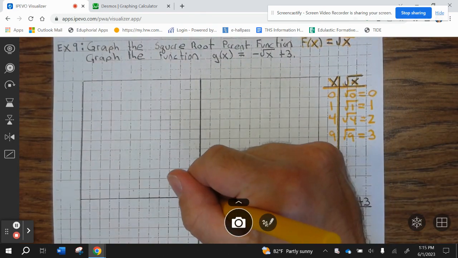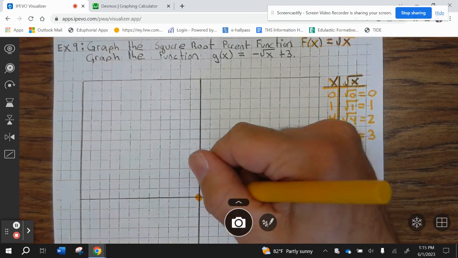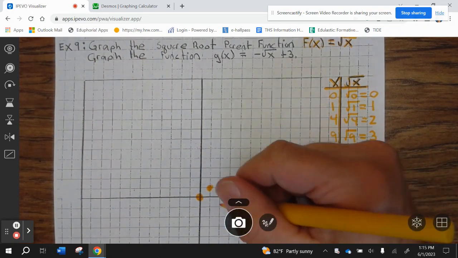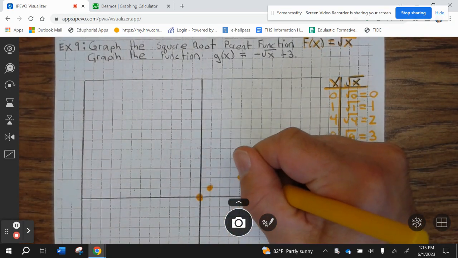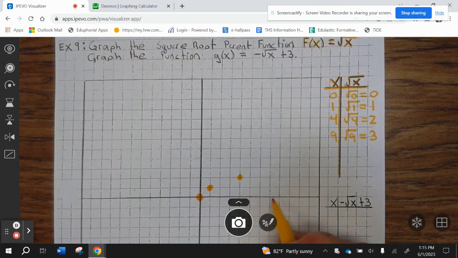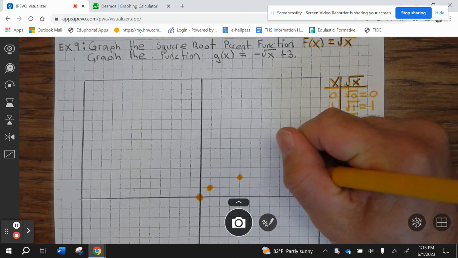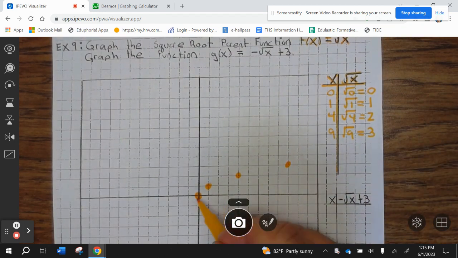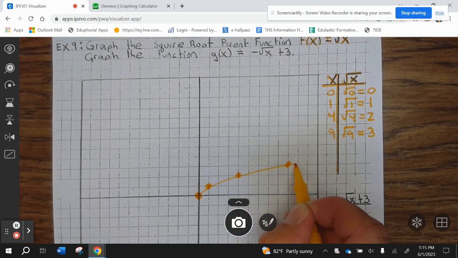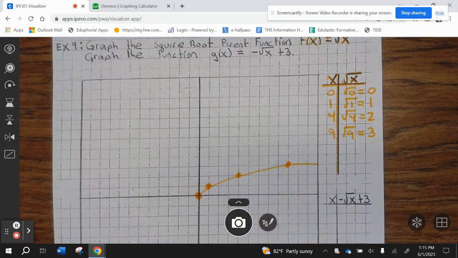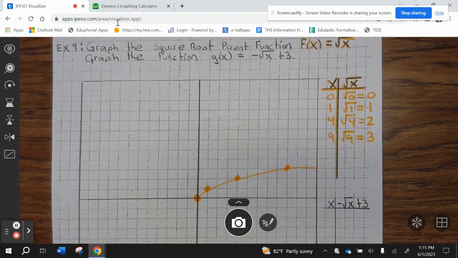So 0, 0, 1, 1, 4, 2, and 9, 3. All right, now let's go ahead and get these points by graphing in Desmos.